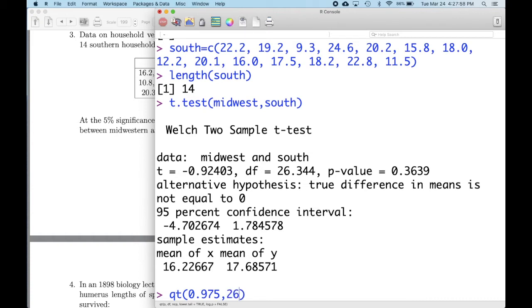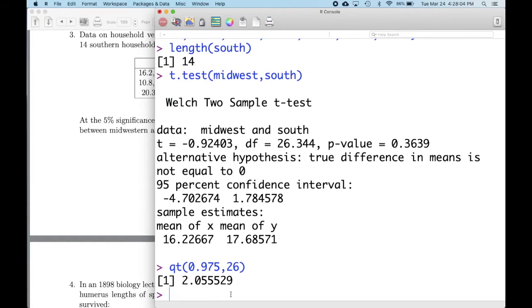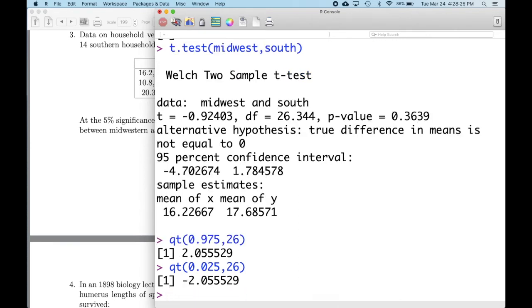We have 26 degrees of freedom because that's what we get from our t.test function. And there's the 2.0555 value that we were talking about as our critical value for 26 degrees of freedom. I just want to point out that if you use 0.025, you'll get the same thing, just negative, because of the symmetry of the t-distribution.